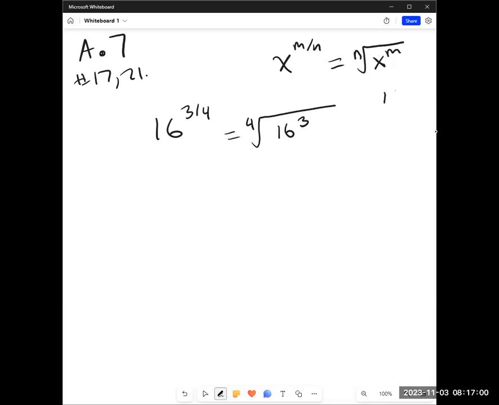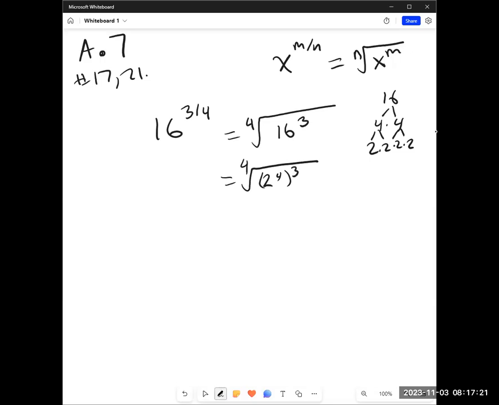So let's go ahead and do that. This is 16, which is 4 times 4, still not its prime factorization. 2 times 2 times 2 times 2. So this is the 4th root of 2 to the 4th, raised to the 3rd.